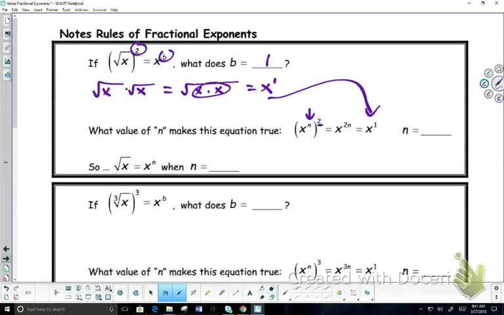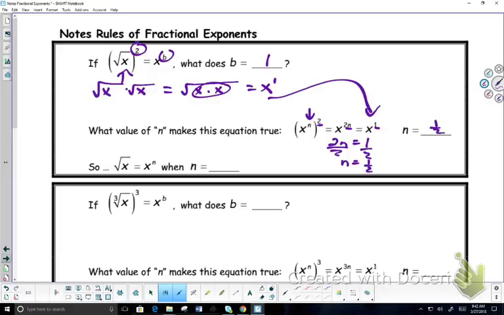In other words, what do they raise this x to right here to make that radical go away? So let's see, I've got x to the 2n, and then here we've got x to the 2n to 1. Well, the 2n has got to equal 1. So then in other words, I can divide by 2, and I'll end up with n equals 1/2.